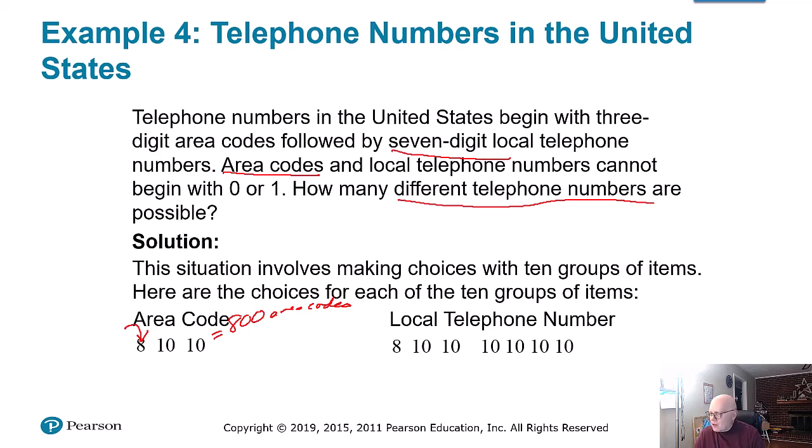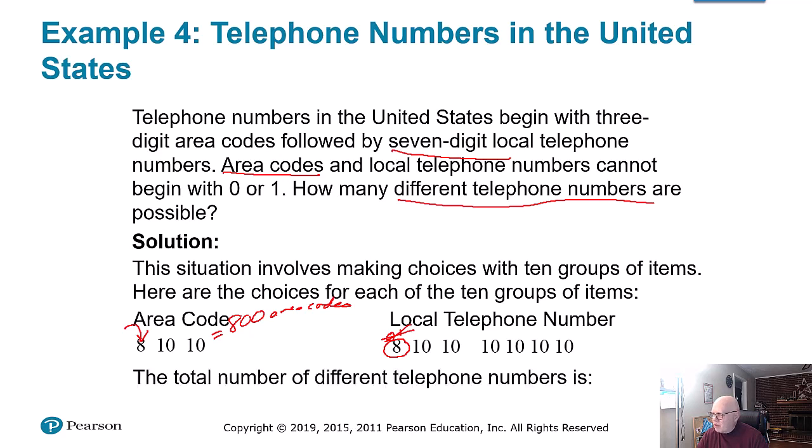Multiply all that together. Don't forget the area code. So the total number of different telephone numbers we can have here in the United States is, do you have the answer? Over 8 billion numbers. Almost 6, oops, did I say 8? I meant 6, almost 6.5 billion possible telephone numbers in the United States.